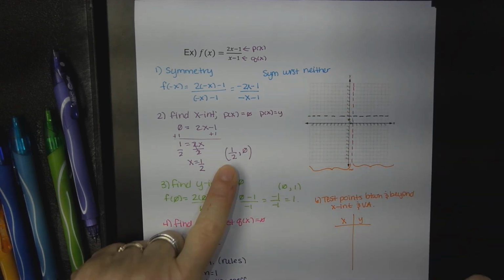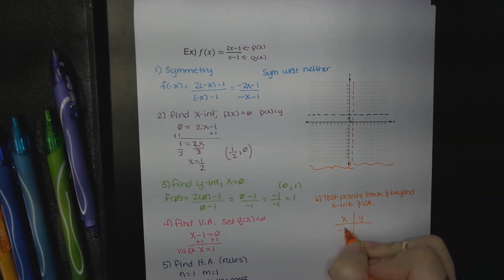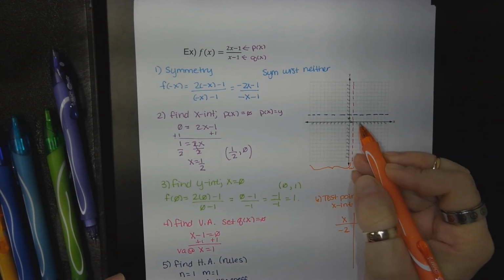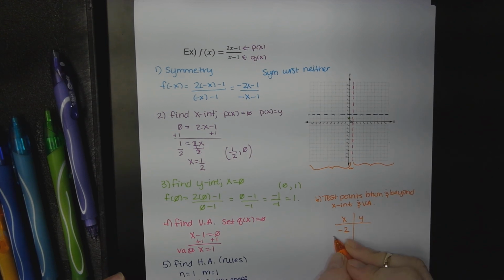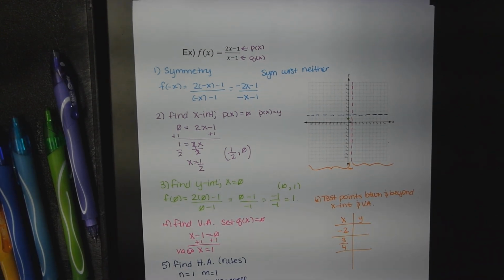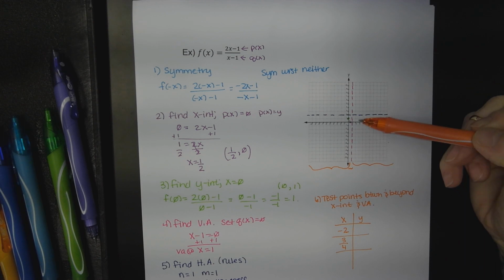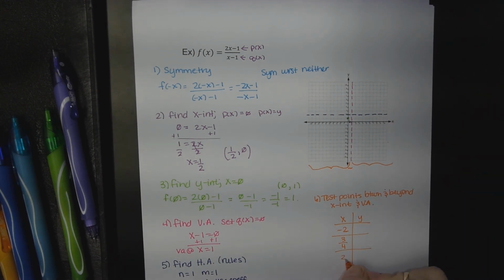So let's just pick, I picked -2. Now to pick between 1/2 and 1, I picked 3/4, because there's not much to pick in between there. You can't pick a whole number, so that kind of sucks. And then to pick one number past 1, I just picked 2.